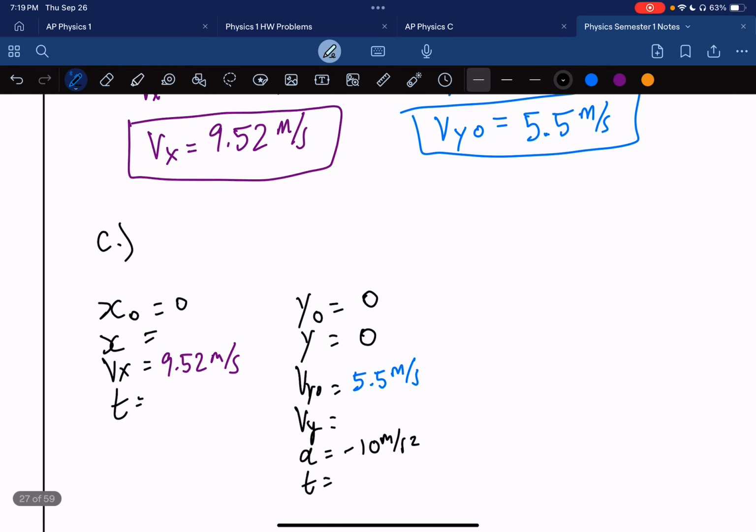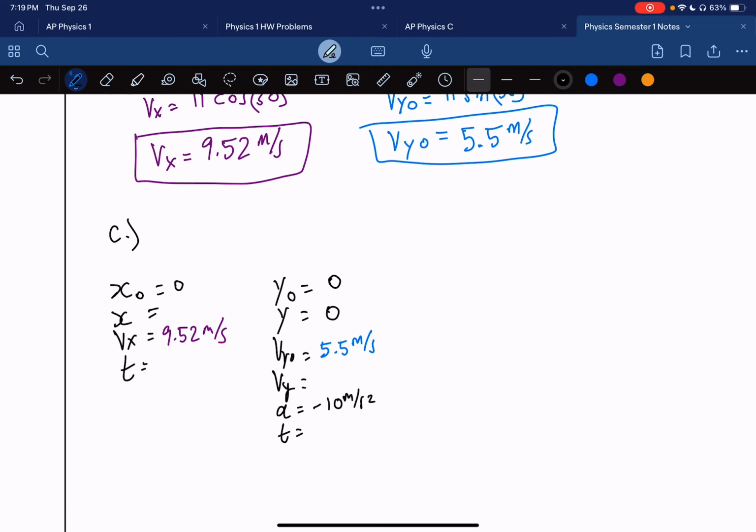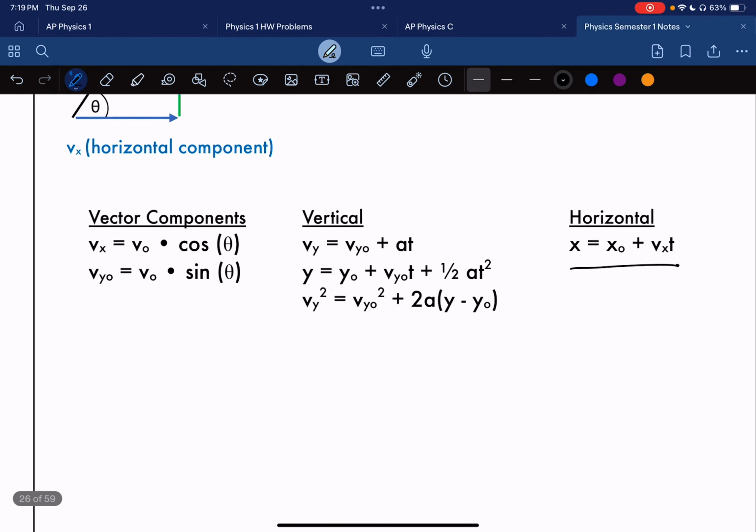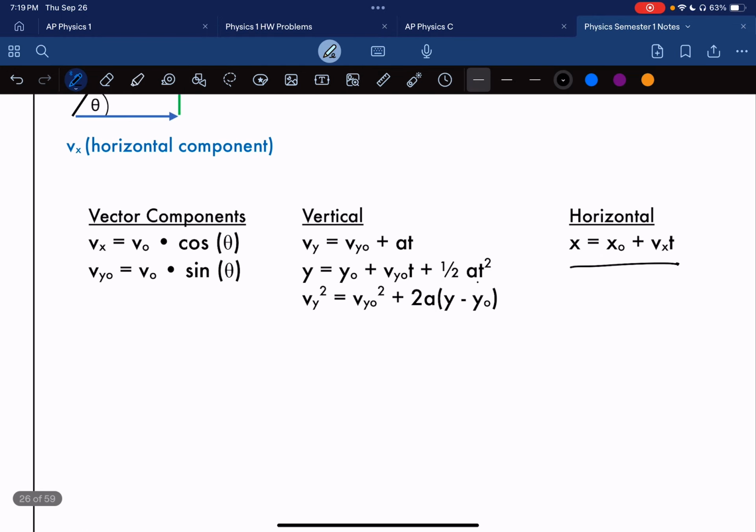It really lies in the vertical list. We're going to find time. Check your equations. We need an equation with t. It must be missing Vy. So this equation has t, this one has t, but it needs to be missing Vy. Well, that one's not. So we can't use the first one, we must use the second one.